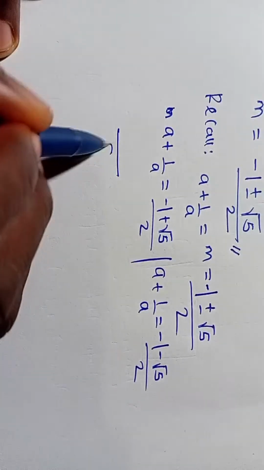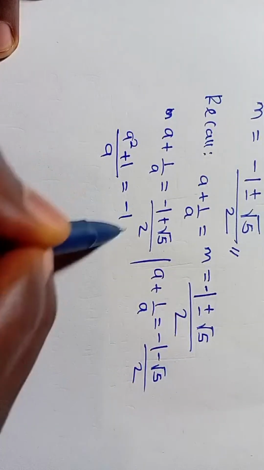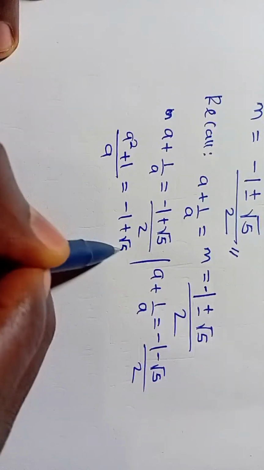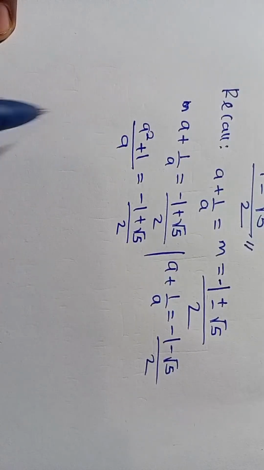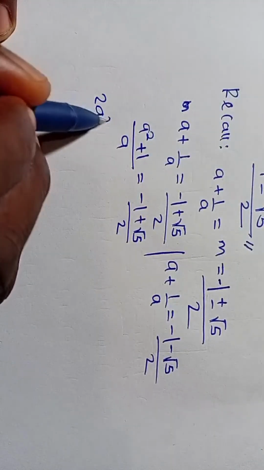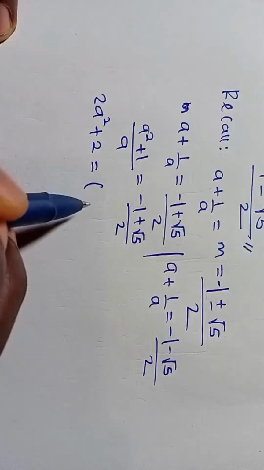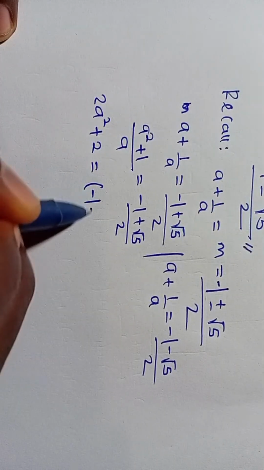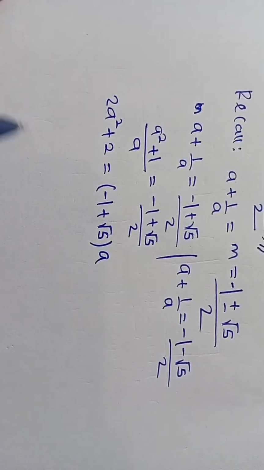Finally, the LCM will be a squared plus 1 over a equals minus 1 plus root 5 over 2. When you cross multiply, we have it to be 2a squared plus 2 equals minus 1 plus root 5 multiplied by a.